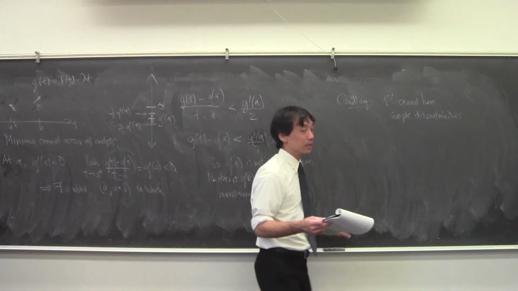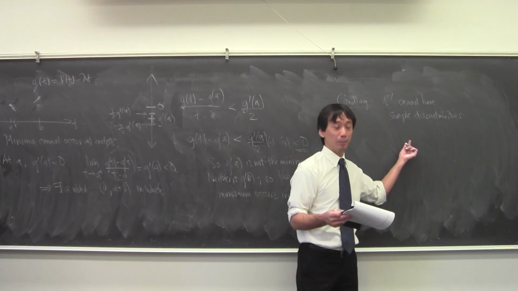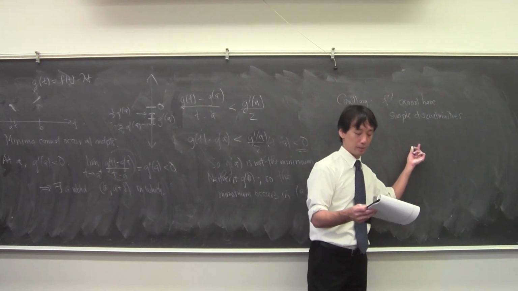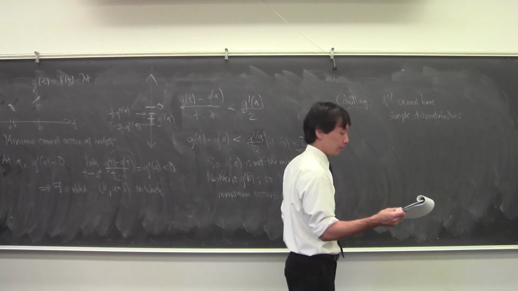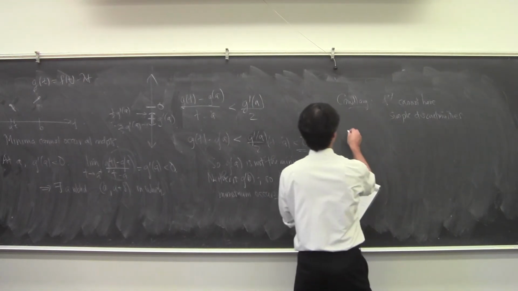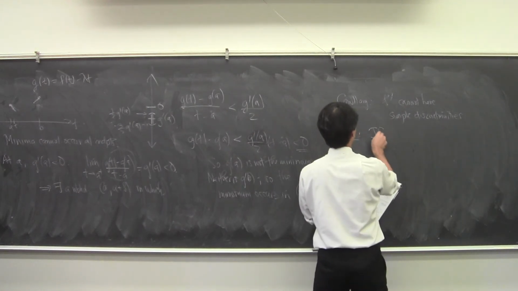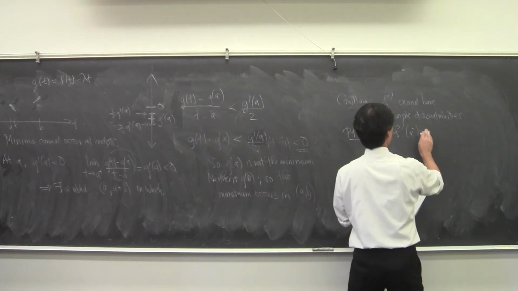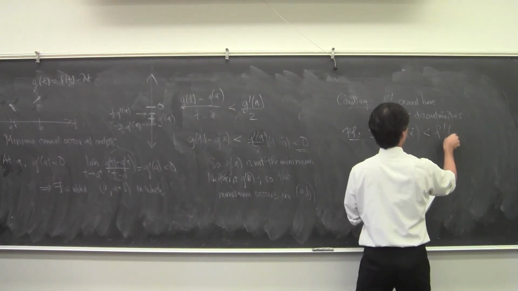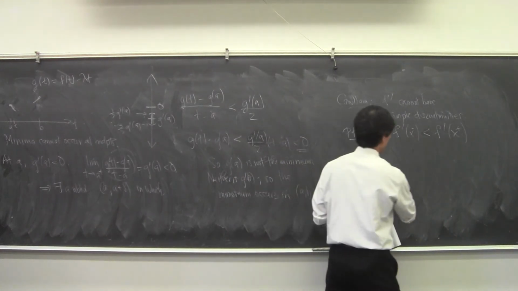Simple discontinuity, remember, meant that the limit existed from both sides. So if the limit from the left-hand side is less than the limit from the right-hand side, suppose you have something like this.